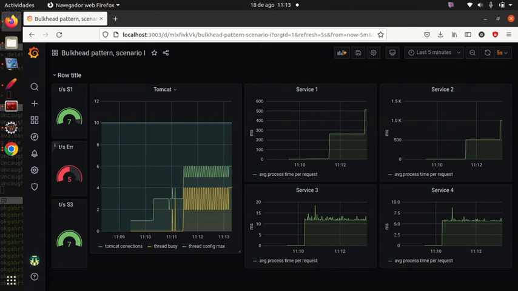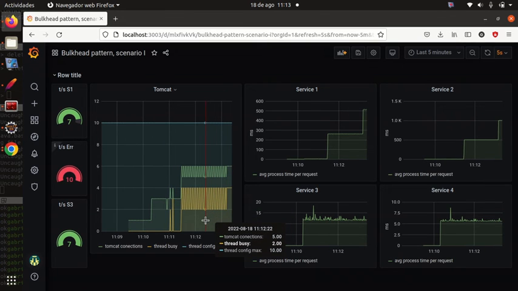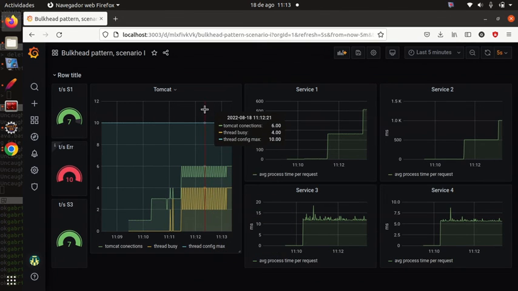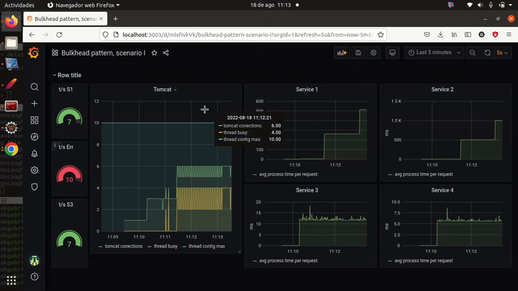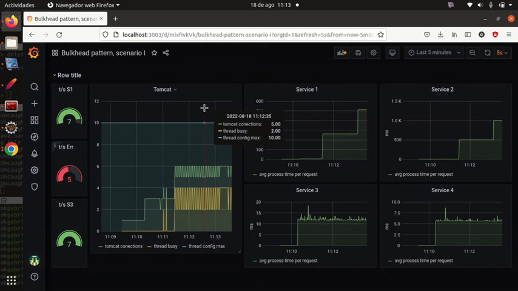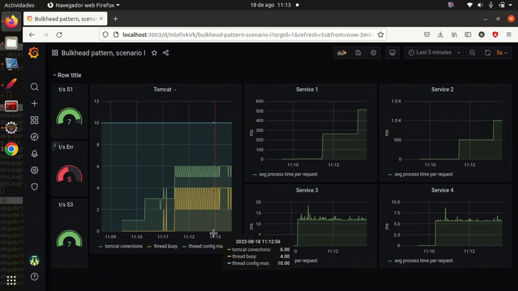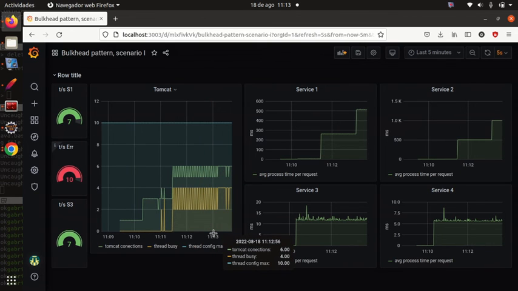For me, the most important thing is that our Tomcat status remains the same. In the previous test, when we set a delay of 1 second in service 2, the Tomcat crashed. So this is the first, a very important advantage of the pattern.